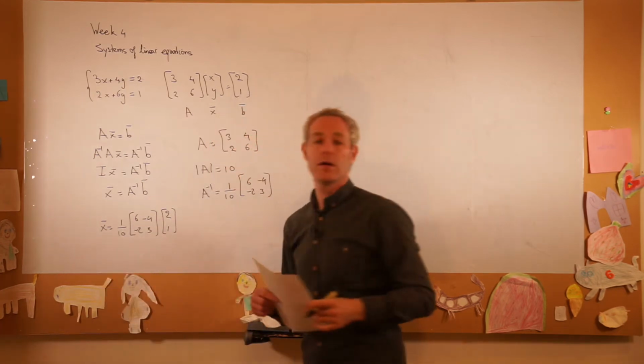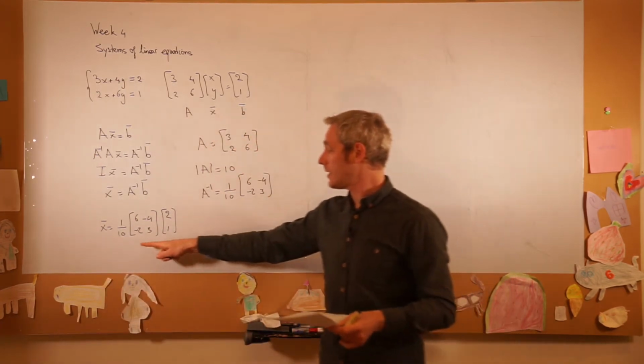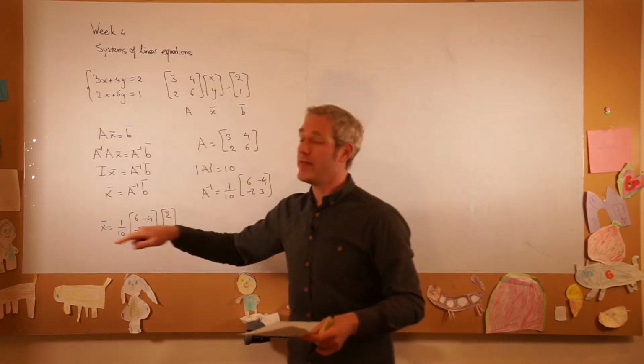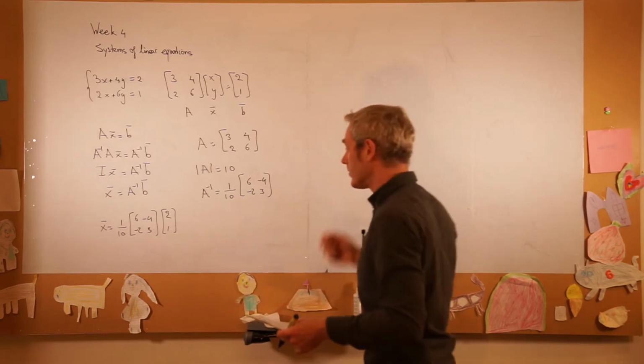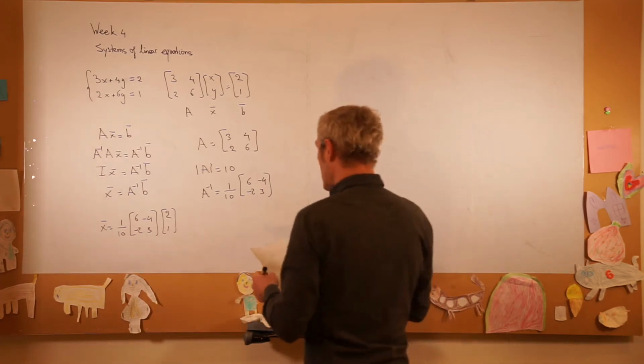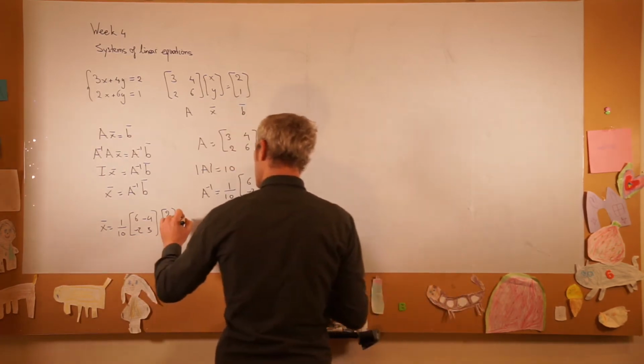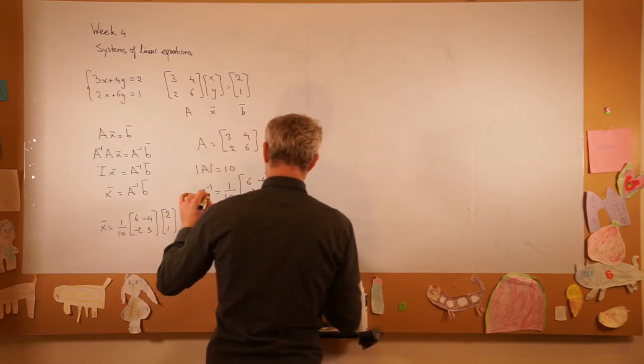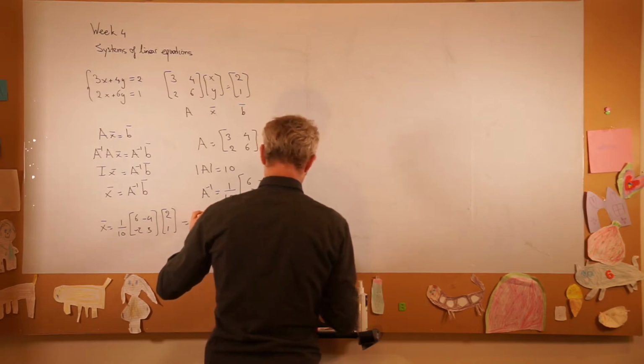Well, we can perform this multiplication, and what I like to do is multiply this matrix by this vector first and then divide the result by 10. So if we multiply this out, we get 1 over 10 times the vector [8; -1].